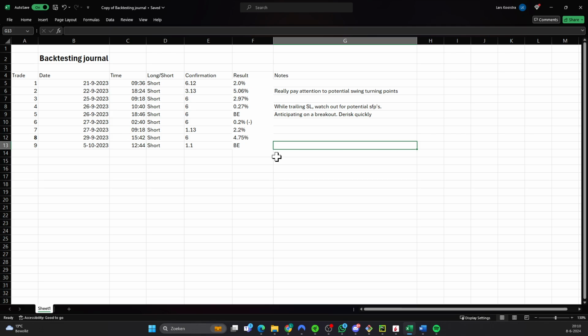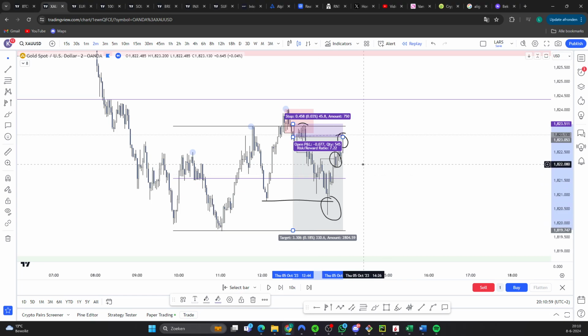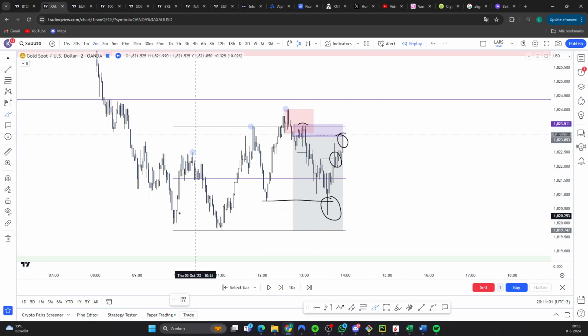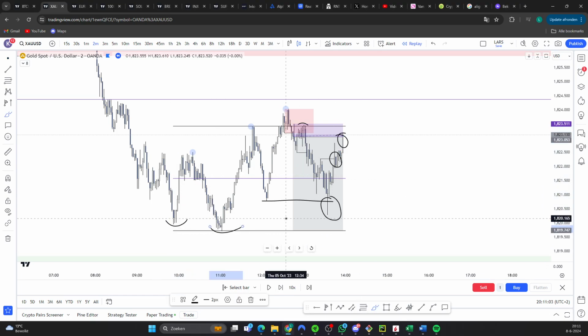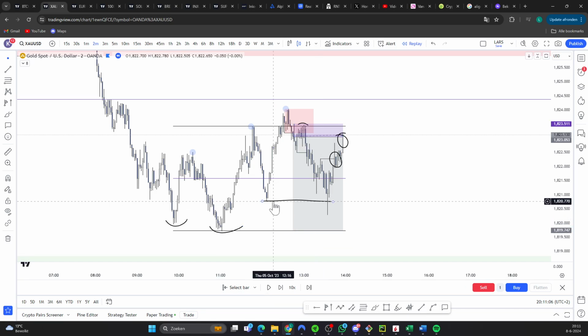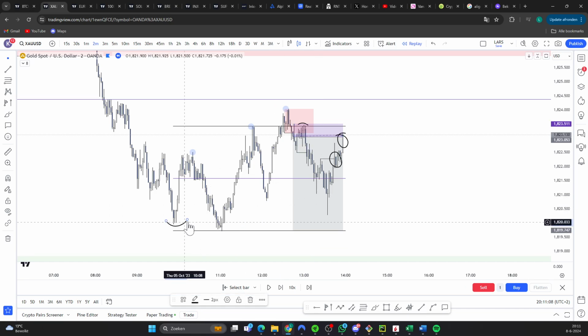I think the improvement point on this trade is that we had the potential of a Model 2 accumulation because we already swept the lows here.